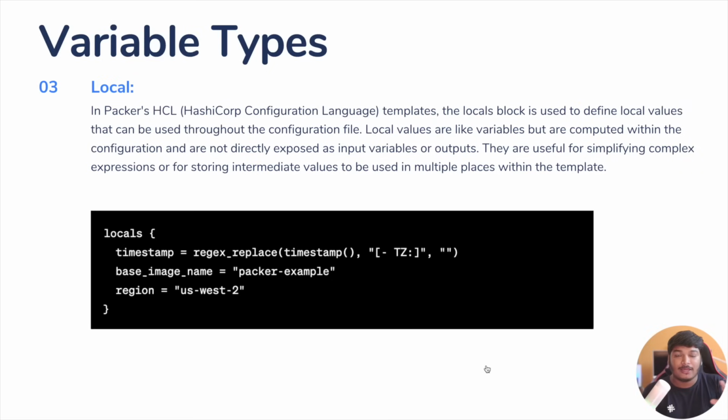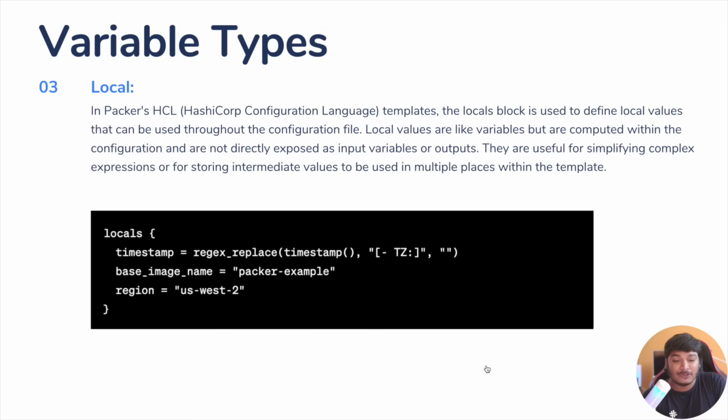It is not like you are supplying a dynamic variable as such. With this you can make dynamic calculations and store dynamic values directly in these local variables. Okay, and this is not directly exposed as an input variable or output. Locals are local variables, temporary variables. If you want to store some dynamic values, for that we use these local variables.